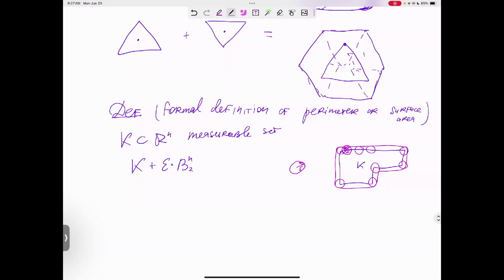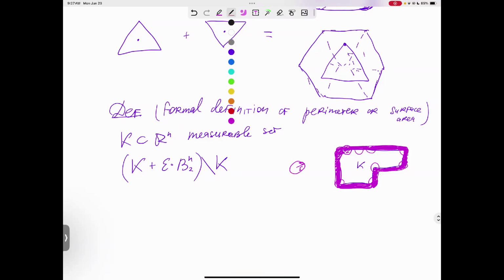Next, I throw away the set K itself. Actually, let me highlight what I'm left with. I'm left with everything that's within distance epsilon of K, K plus epsilon ball, but not the set K itself. So this is my epsilon neighborhood of K. This is the set that I'm looking at, K plus epsilon ball minus K.